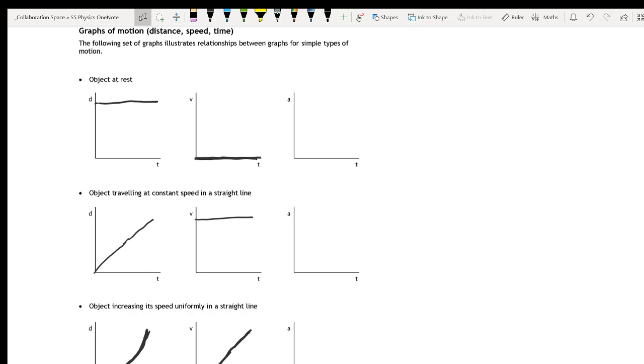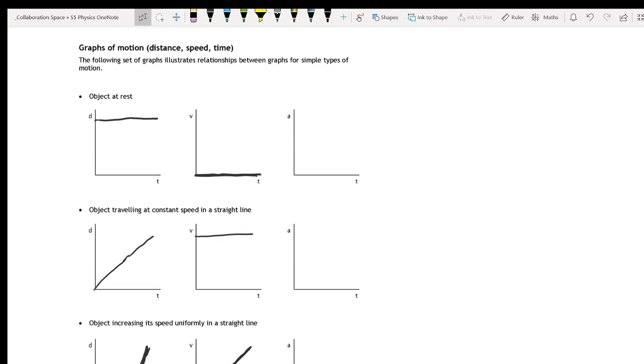The speed time graph has to be a horizontal line at 0, because if it's at rest, it hasn't got a speed. For the acceleration time graph, if it's not got a speed, it's not accelerating, so again that would just be a horizontal line at 0.